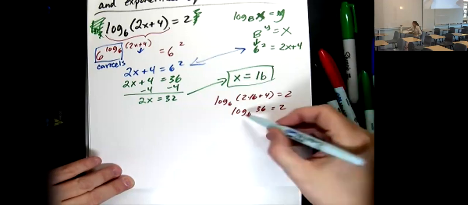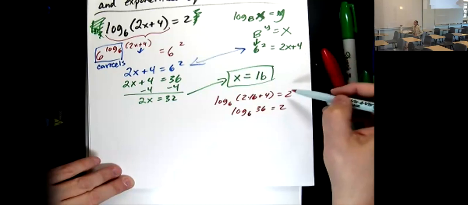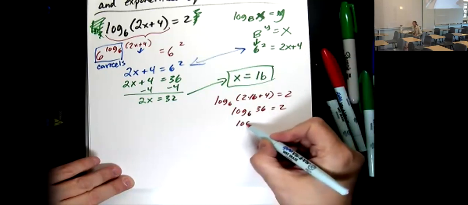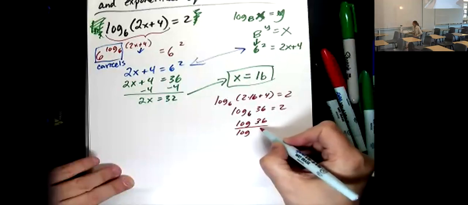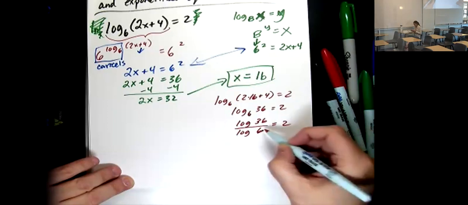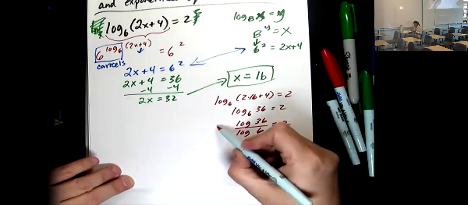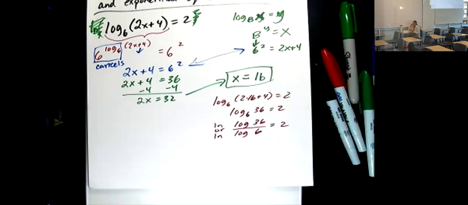And if your calculator doesn't have something like that, when you don't remember, you don't want to deal with this, you can always do this as log 36 over log 6. Or ln here. That's doing the change of base, but it should work, yes.